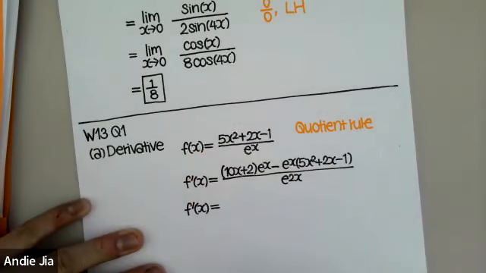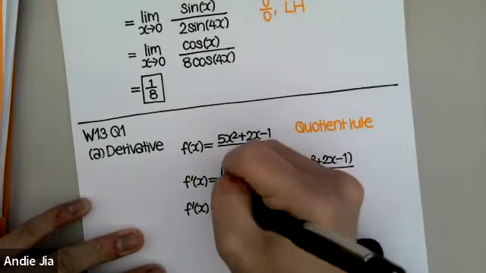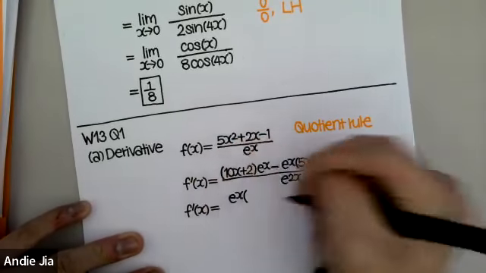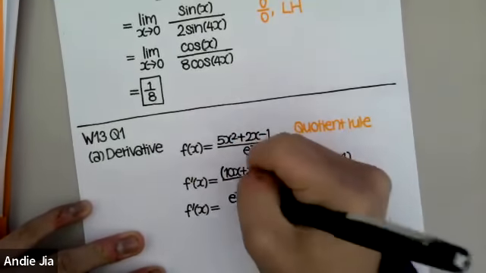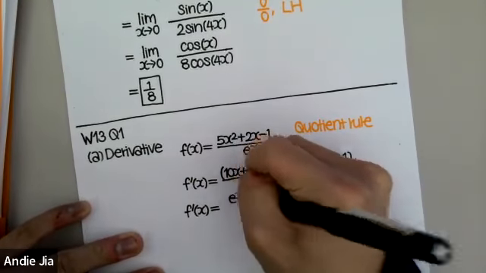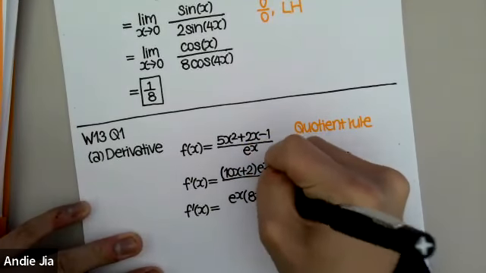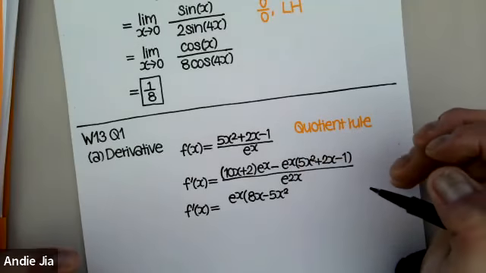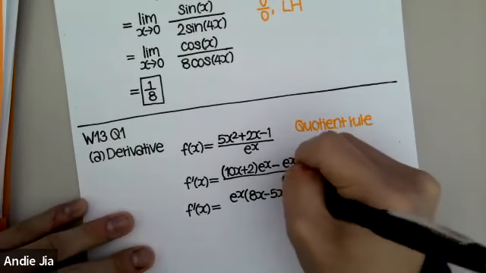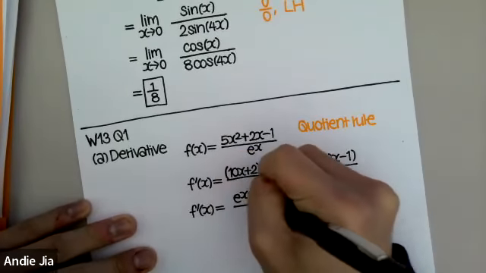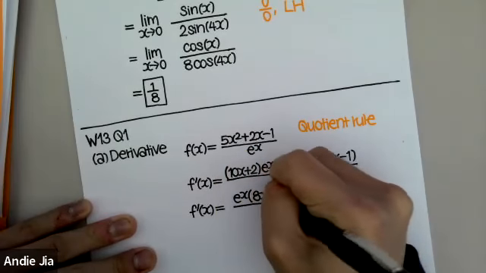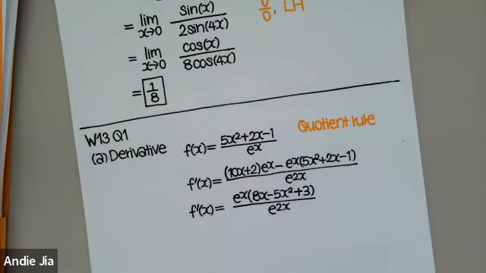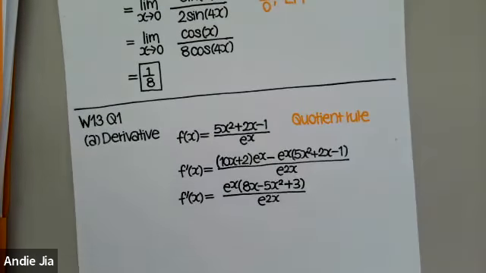The e to the x of negative 5x squared plus 2, it's going to be plus 3, over e to the 2x. That is what we expect from this derivative.